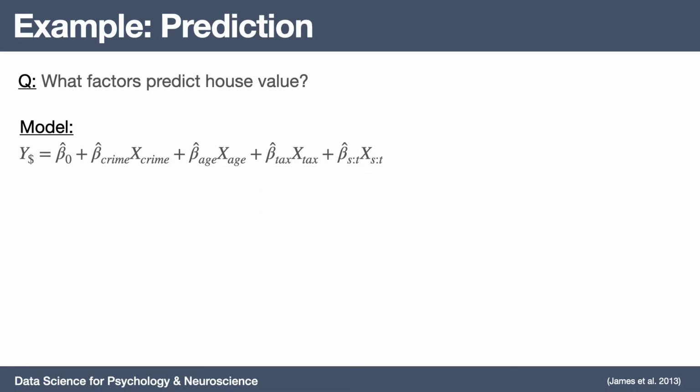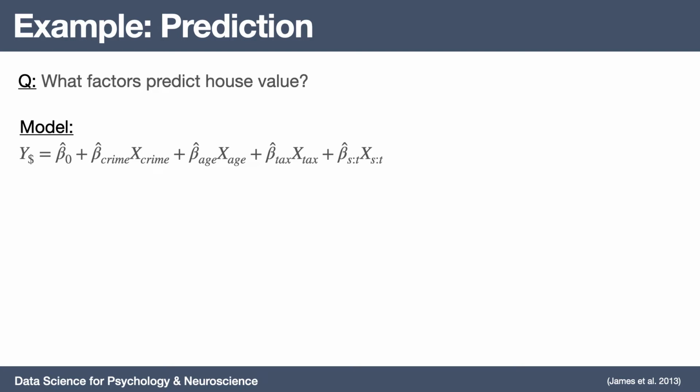Now, this is different than, say, asking the question of what factors predict house value. Now, you'll notice for the prediction question, the model still looks the same. The form of the regression model itself looks the same. Really, the difference is in how we use it. Rather than asking whether or not individual regression coefficients are statistically significant from 0, what we want to do is use the regression coefficients that we fit to predict unseen values of y.